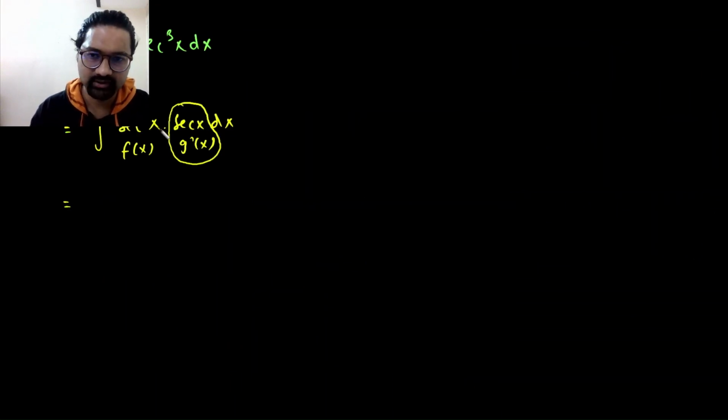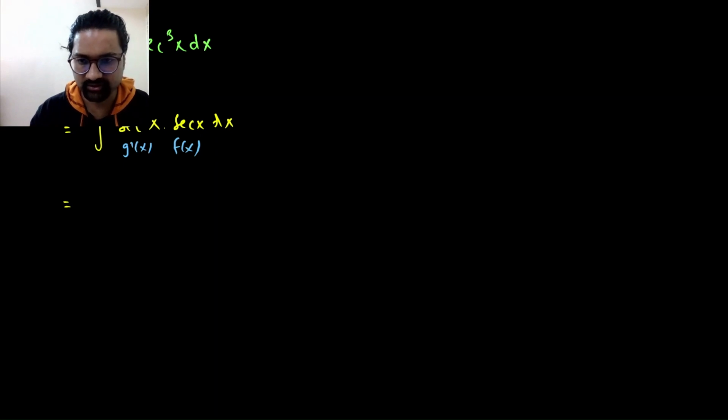Let's ask ourselves, is it easy to find the antiderivative of sec x or sec square x? Well, sec square x, because the antiderivative of sec square x is just tan x, right? And that is the reason why this is not going to be my f(x) and g'(x), rather it's just going to be vice versa. So let me just do away with this, and it's going to be vice versa. So this is my g'(x), and this is going to be the f(x).